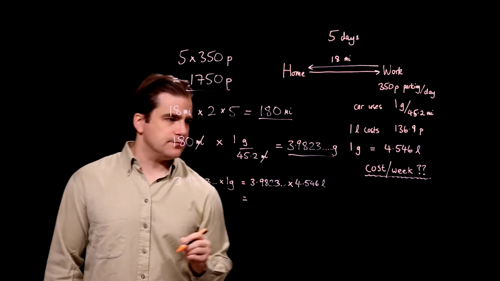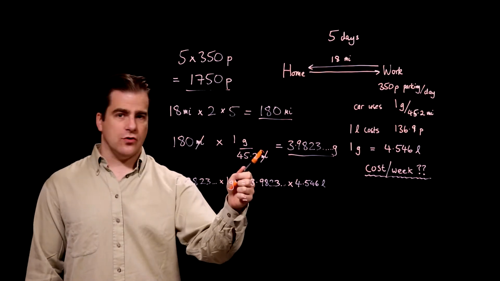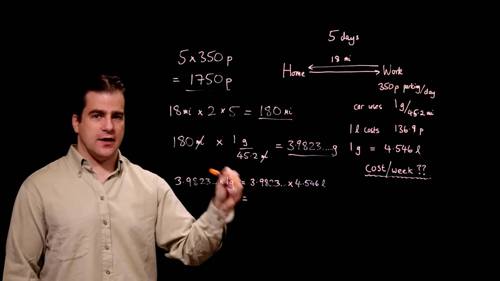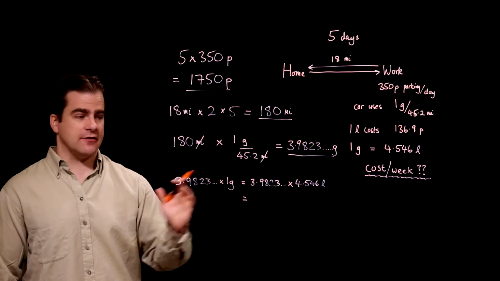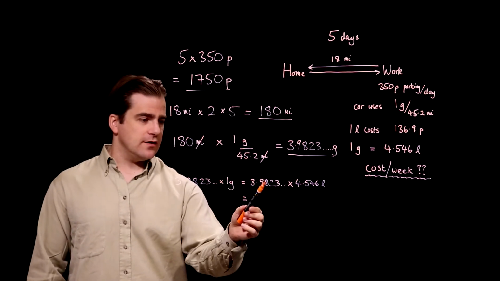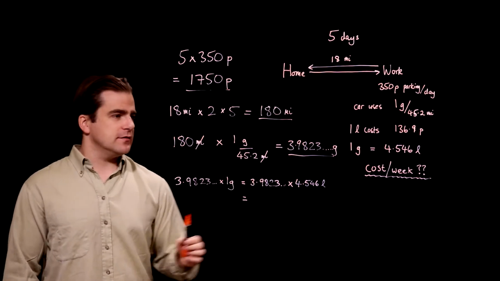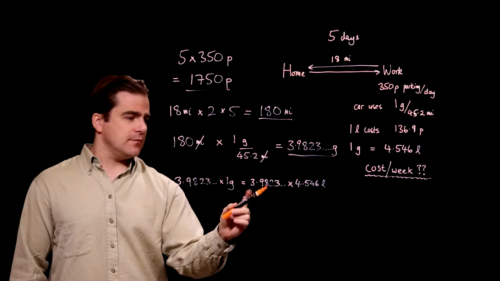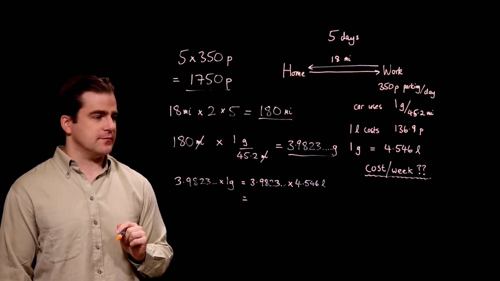So, this is where your calculator skills come in. You now need to recall that number. Don't just type in 3.98 times 4.546. You'll get an inaccurate answer. Recall that number with all its digits, and multiply it by 4.546 on your calculator.